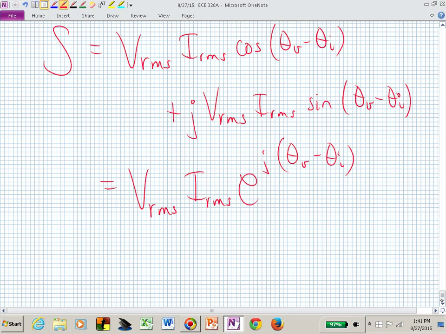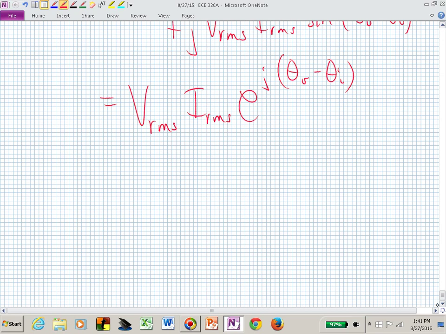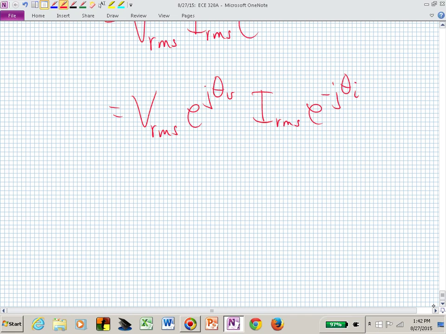Now what can we do? Well, we can separate those complex exponentials and collect the theta sub V with the V and the theta sub I with the I, so that we now have V RMS e to the j theta sub V, I RMS e to the minus j theta sub I. And what are those?